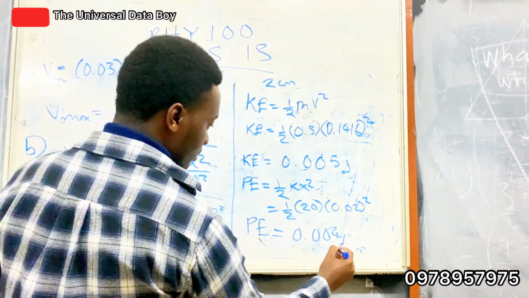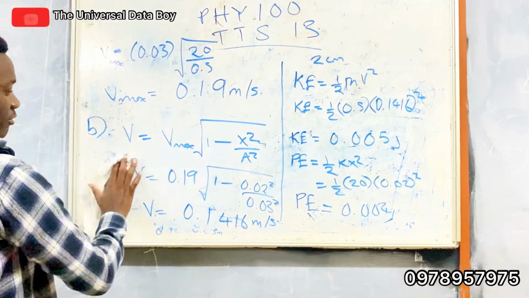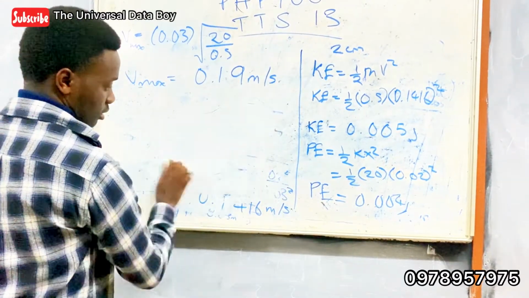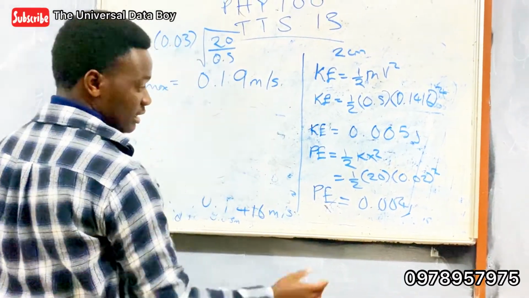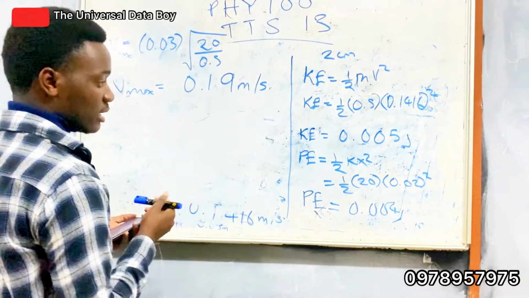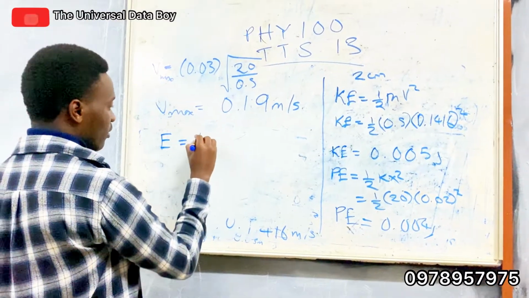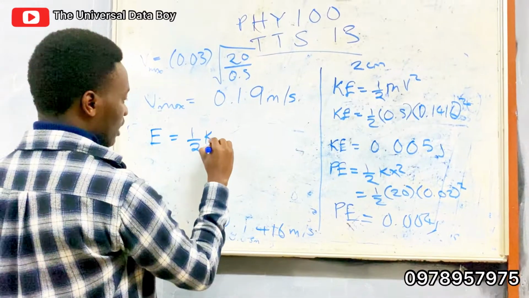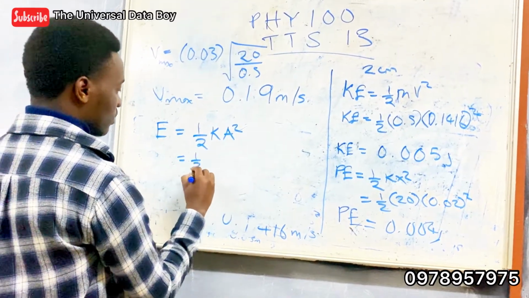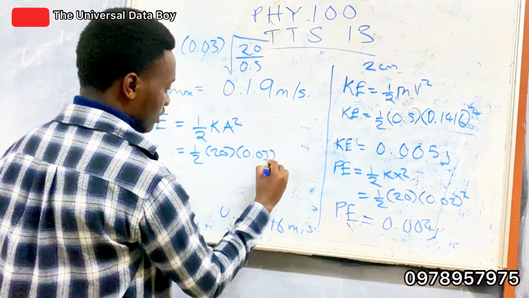Now, you can end here, but on a rough piece of sheet, you can try to check if your answer is correct by analyzing that the total energy is equal to the potential energy plus the kinetic energy. You can also find the total energy by 1 over 2 k A squared, which is equal to 1 over 2, our k is 20, then our A is 0.03 squared.